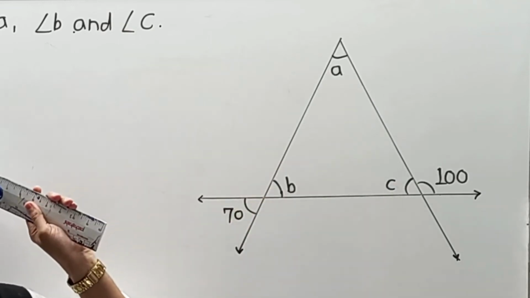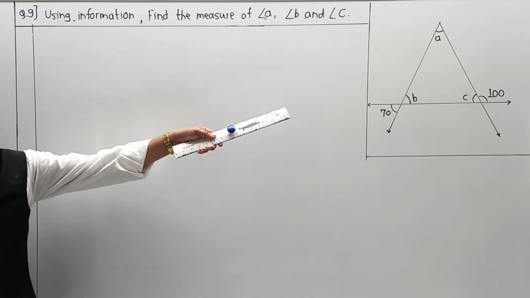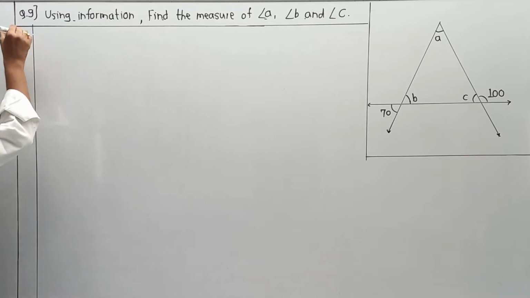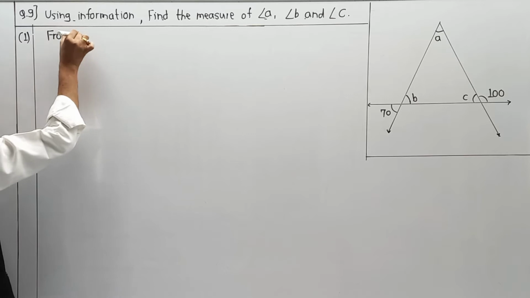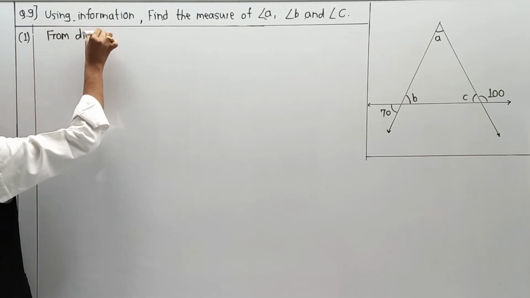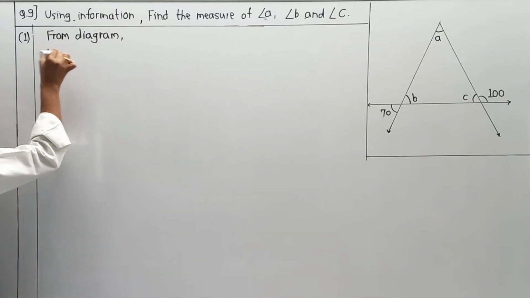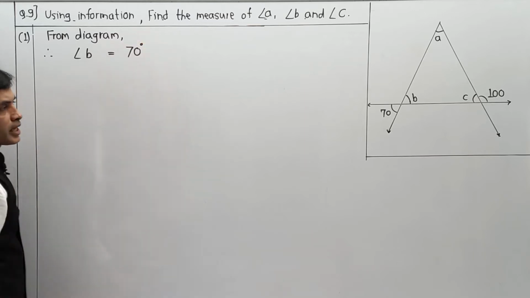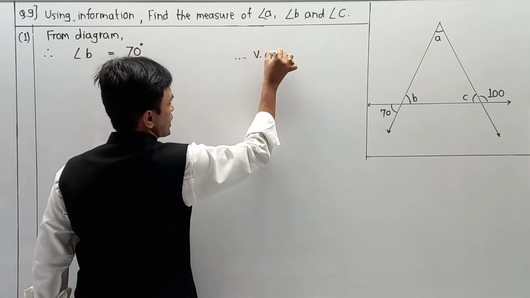First of all, we are going to write all the parts in a structure, with a proper writing method and reasoning, and solve it. Now as per the diagram description, starting from angle B, from diagram we have angle B is equal to 70 degree, and reason becomes vertically opposite angles.